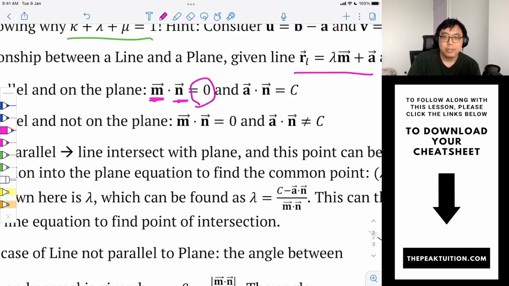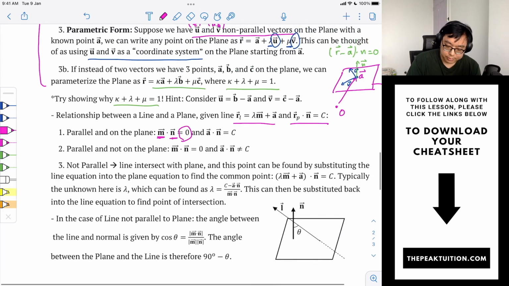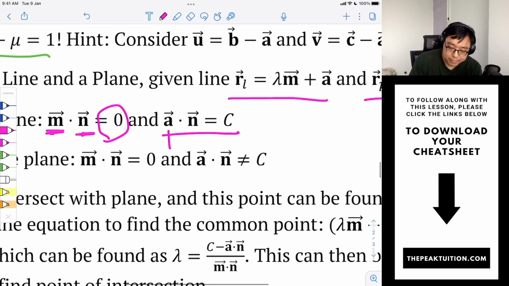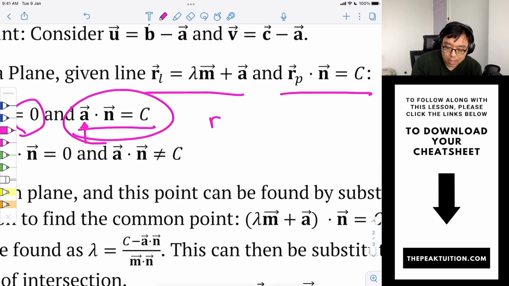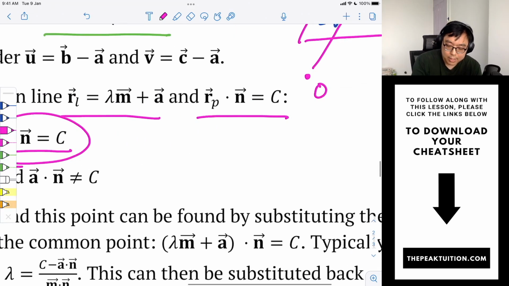Okay? And next is a dot n equals c. What does this mean? A is a point on the line, and if it fulfills the criteria of the plane, we know that r dot n equals c.